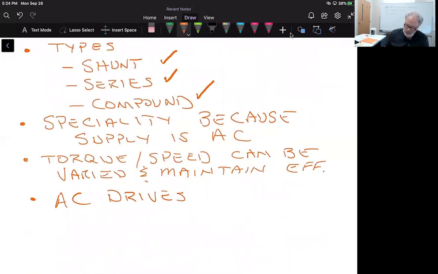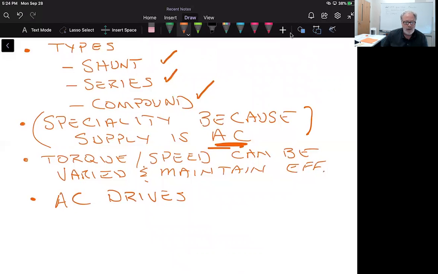Now, for the most part, DC motors are a specialty application because the supply available to operate electrical machines is AC.